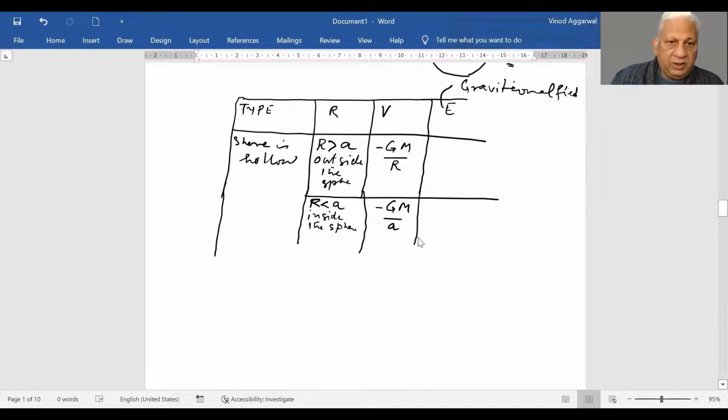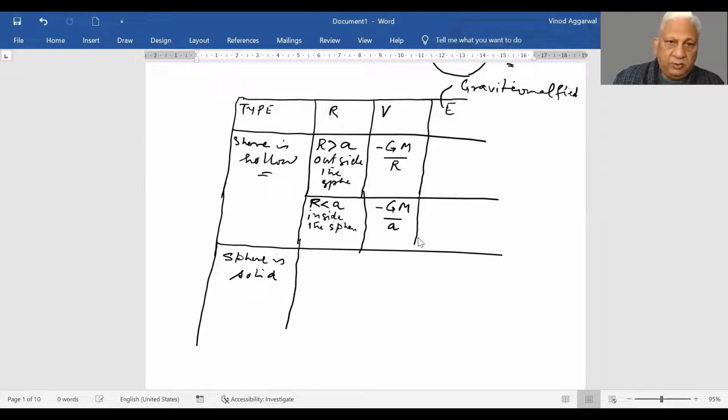Now we take another case. Now our sphere is not hollow, sphere is solid. Again, we'll repeat previous two cases. R is greater than A, means outside.